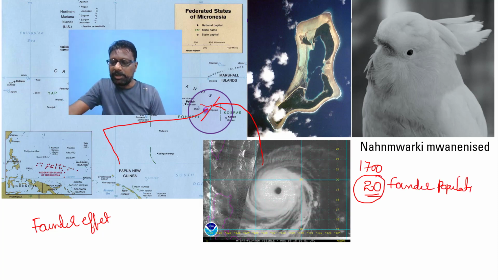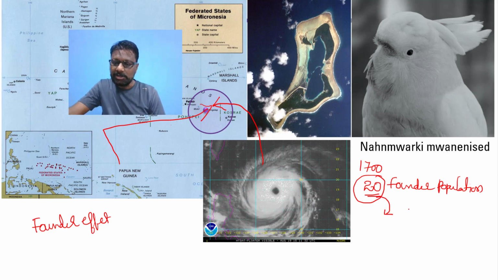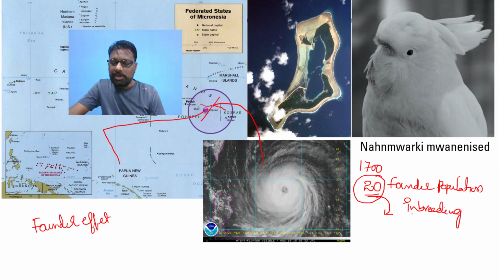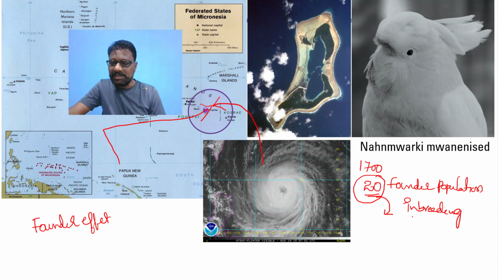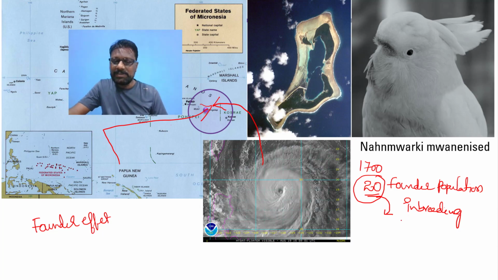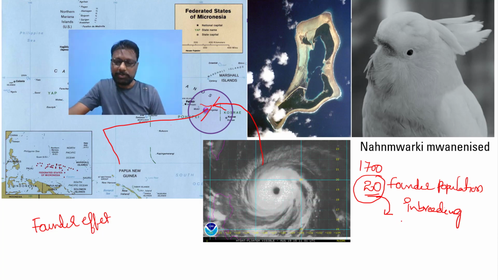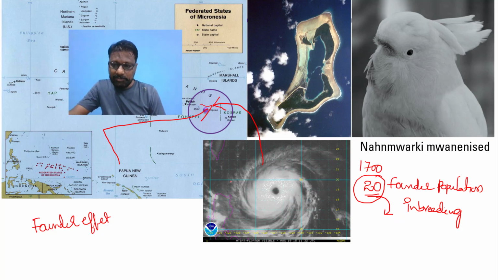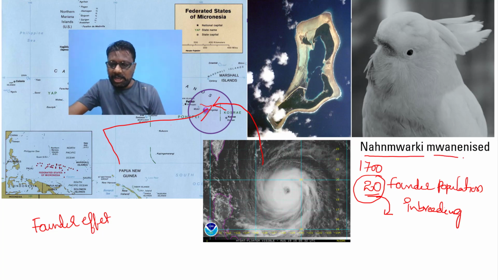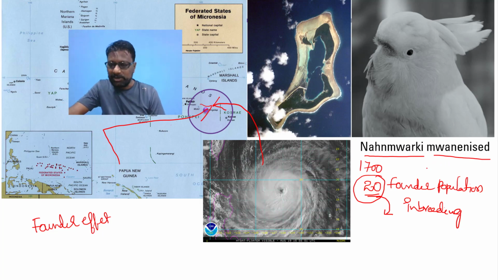And when this founder population mates with the existing population or inbreeds, generally the diversity present previously will be lost, and you will see homozygous conditions more and more in such populations. So, for example, there is a person in Pingelap, named Nahnmwarki, who is considered the leader of that population.